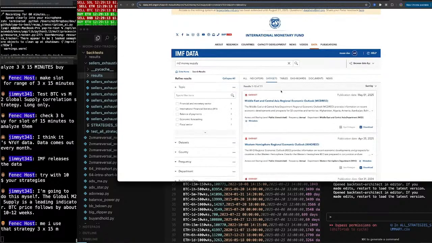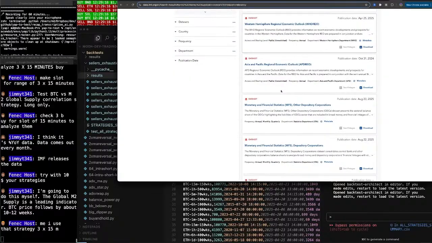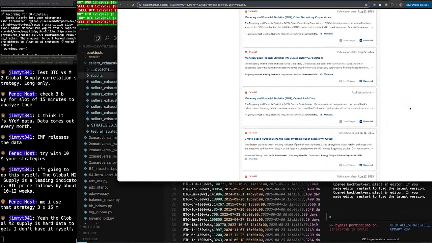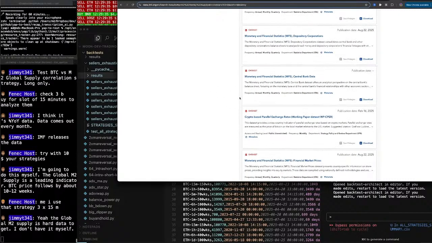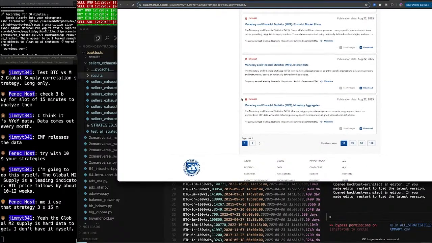Data sets. Yeah, the global M2 supply is hard to get data for. I thought you had said that IMF releases the data. I mean, you just have to piece them together, right?